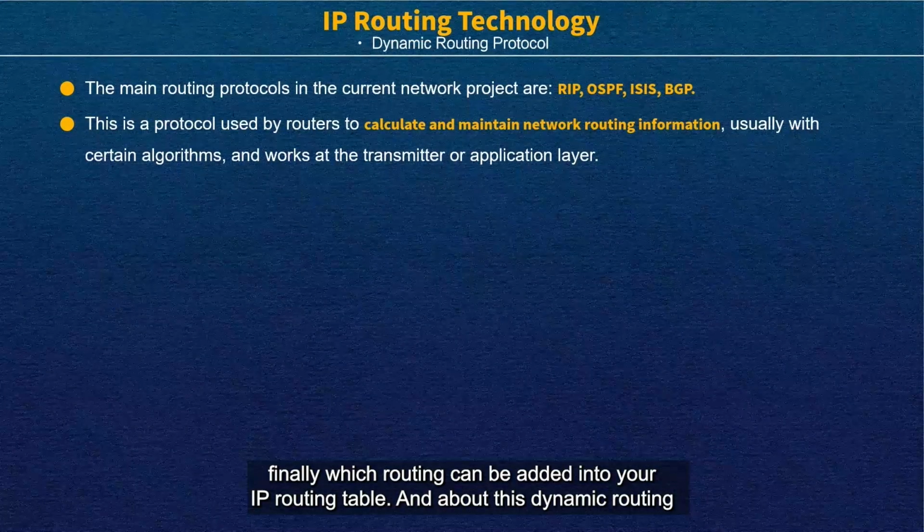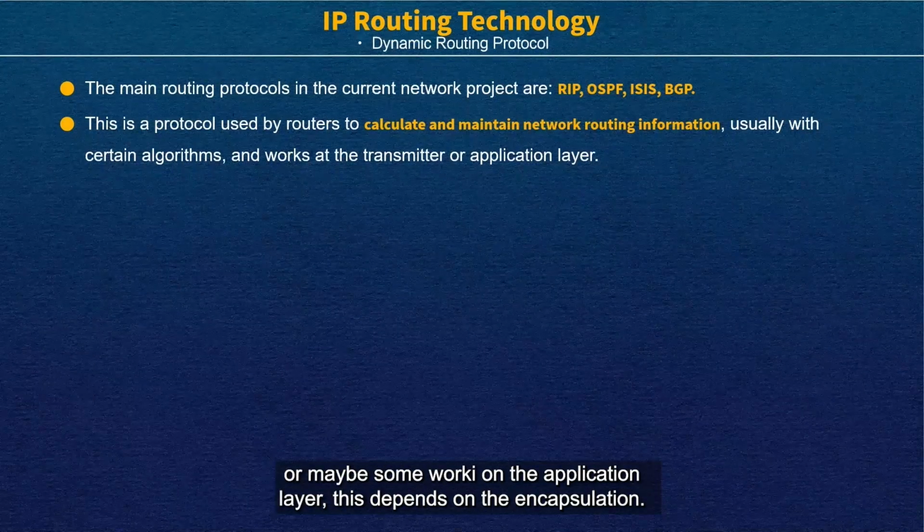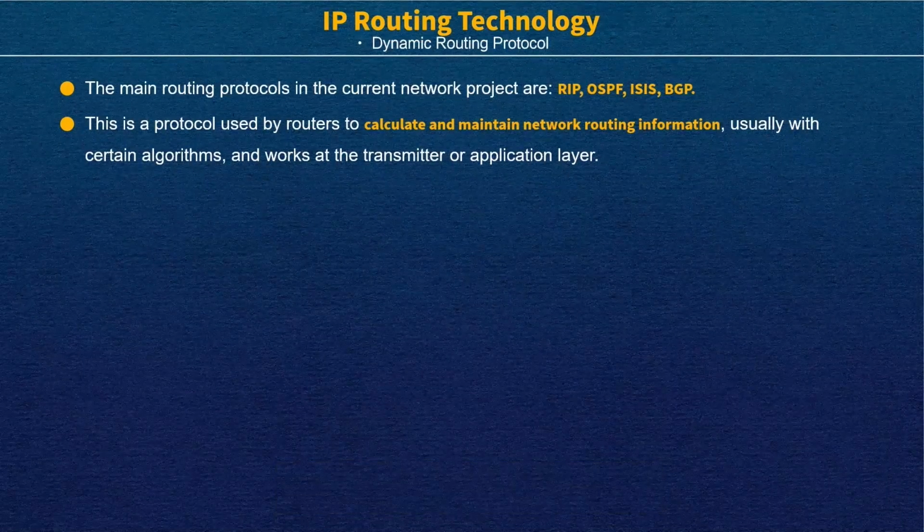And about these dynamic routing protocols, because of the encapsulation, maybe some work at the transport layer, or maybe some work on the application layer. This depends on the encapsulation.